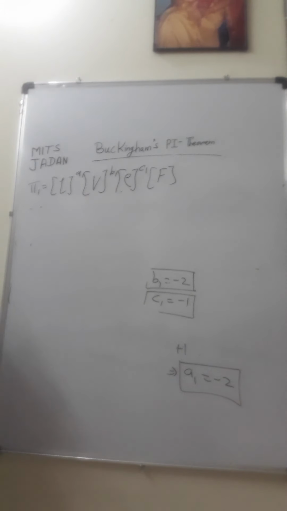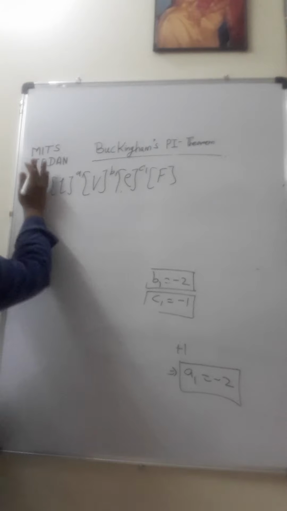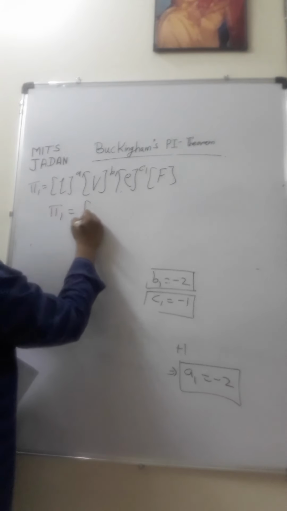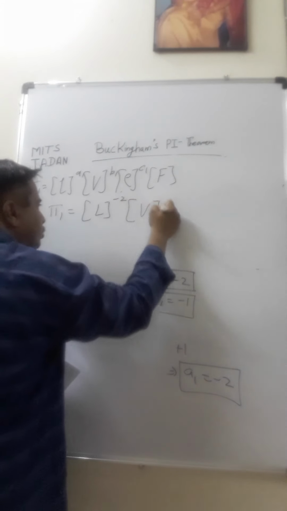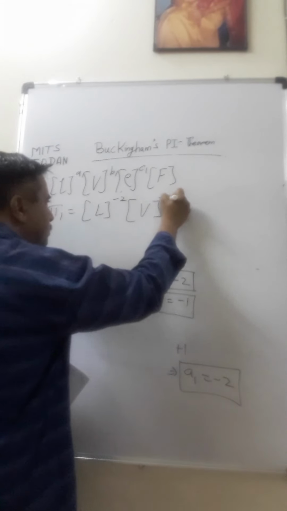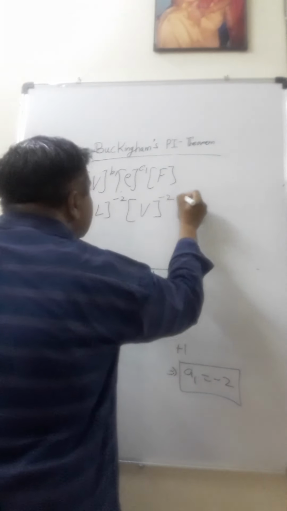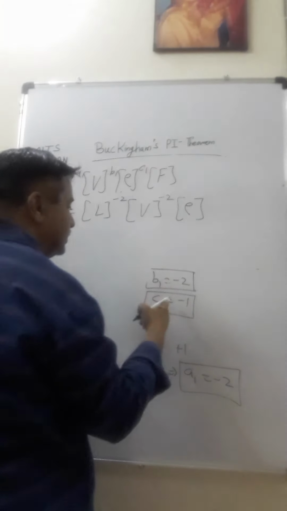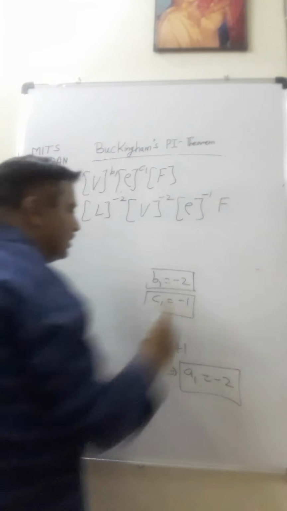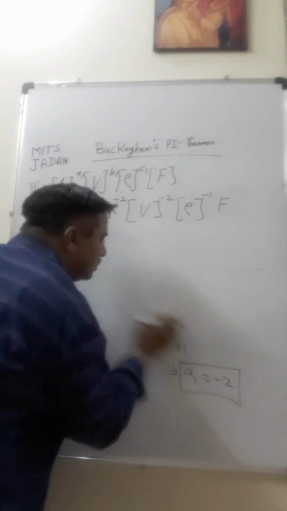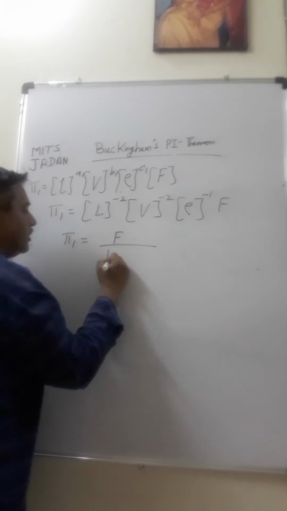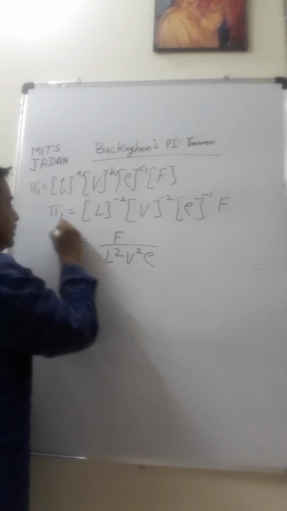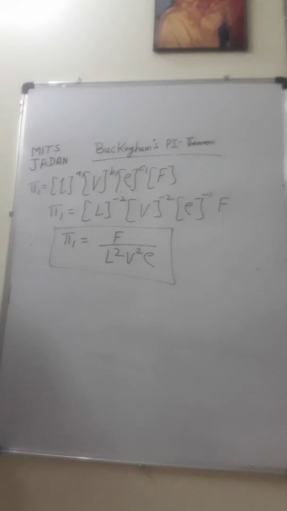So we have pi 1 is equal to L to the power of A1, that is minus 2, V to the power of B1, which is equal to minus 2, and rho to the power of C1, which is equal to minus 1, and F. I will replace it. I am not going to read these values. Therefore, our first pi term, pi 1, is equal to F divided by, this goes to the denominator, rho L square V square. This is how we will find our first pi term.